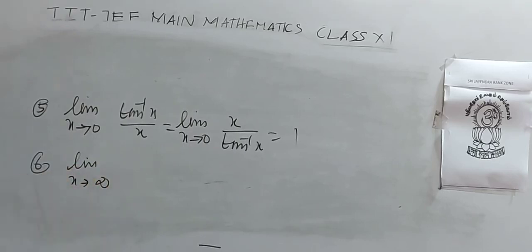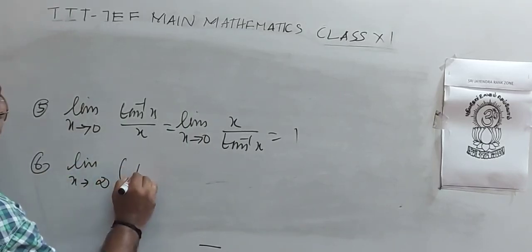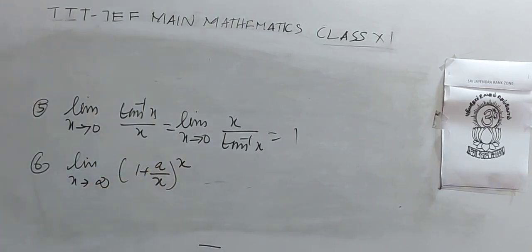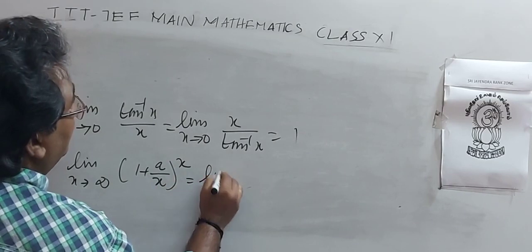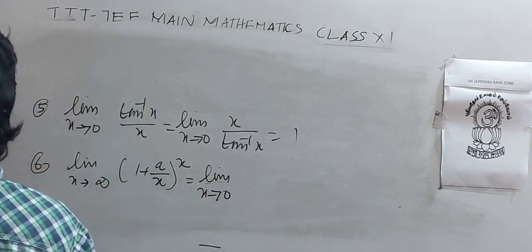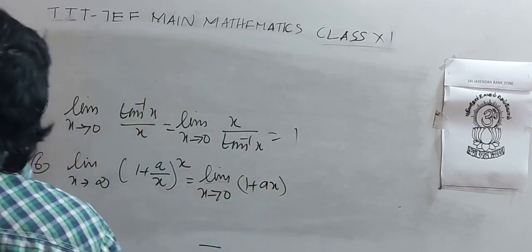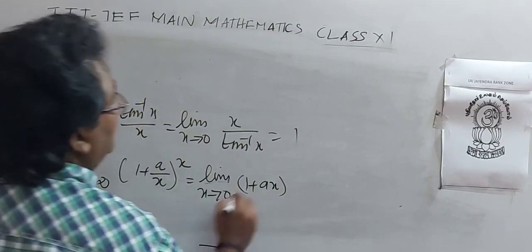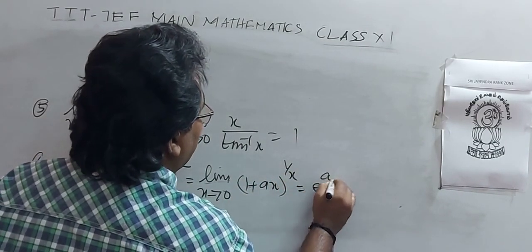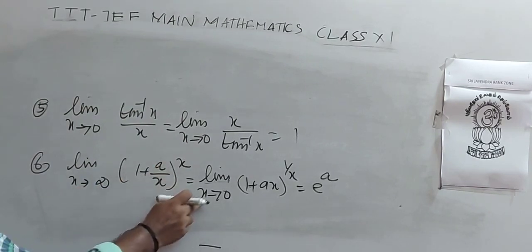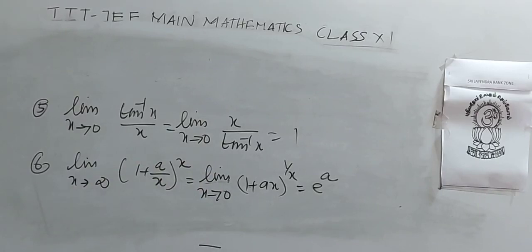Limit x tends to infinity of (1 plus a by x) whole power x equals limit x tends to 0 of (1 plus ax) whole power 1 by x equals e power a.